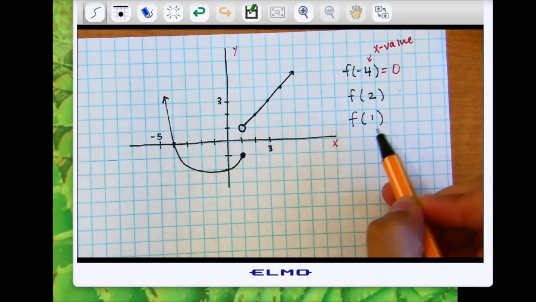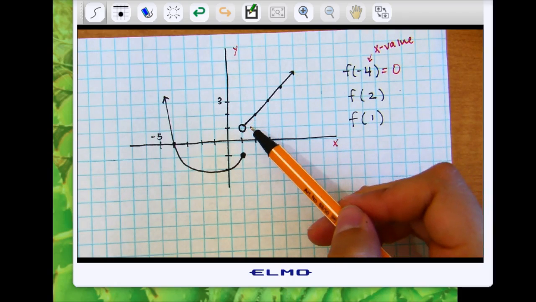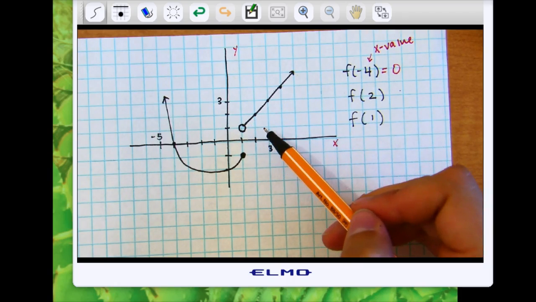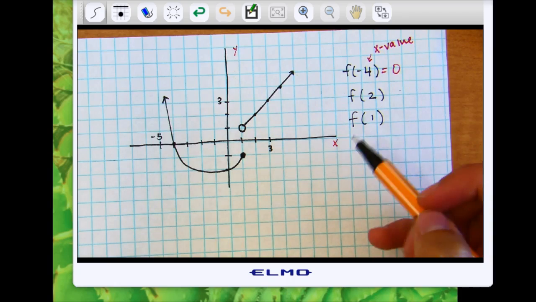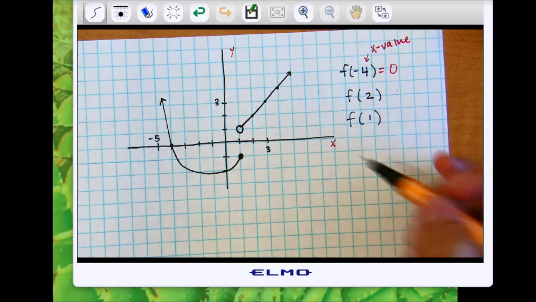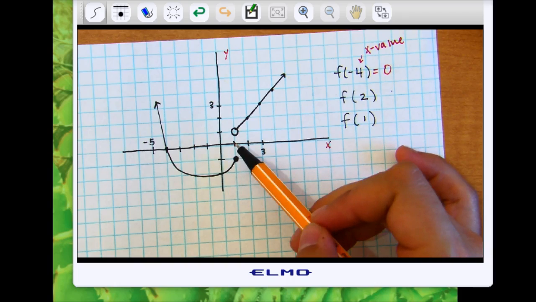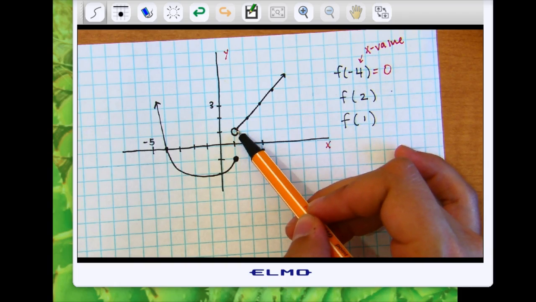Okay, and lastly, looking at f of 1, so this is that weirdo situation, I want you to predict what you think f of 1 will be. Looking at this, we've got two different options. At 1, my value could either be -1, or it could be +1.